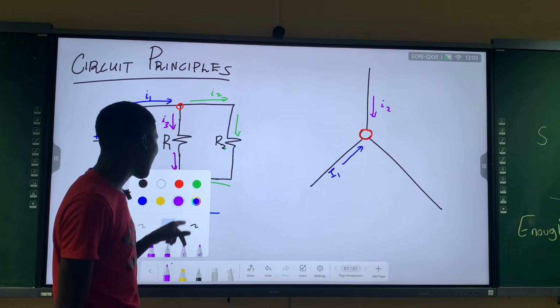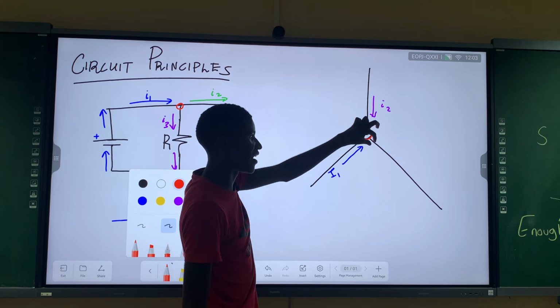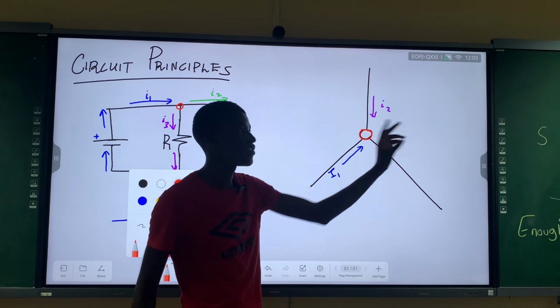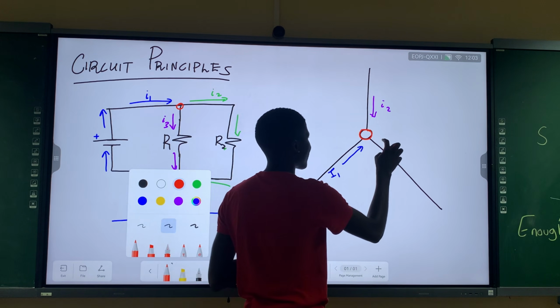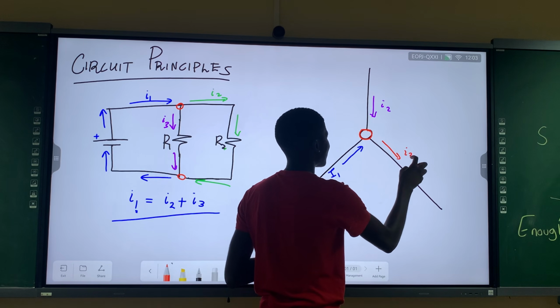These two currents combine and flow into this new path to form current I3.